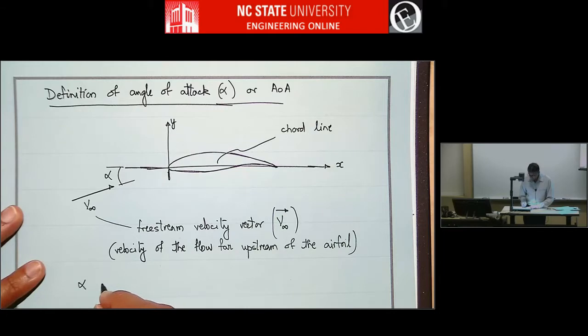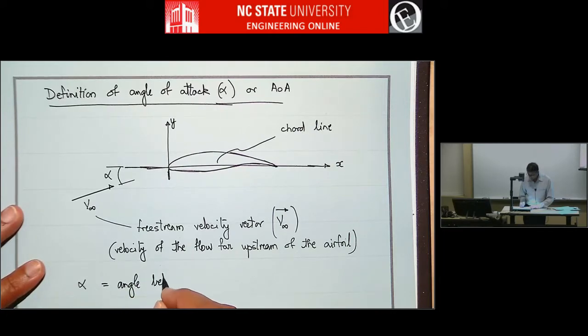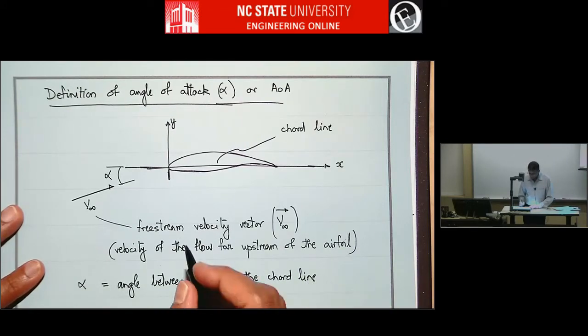So alpha is the angle of attack, and that is the angle between v infinity and the chord line. And it's positive as shown here.